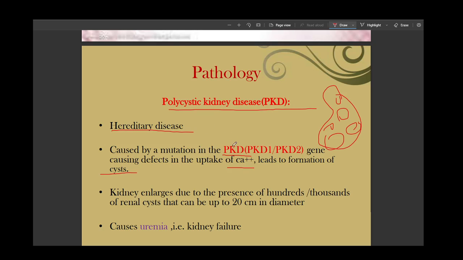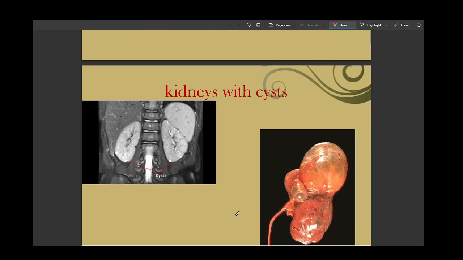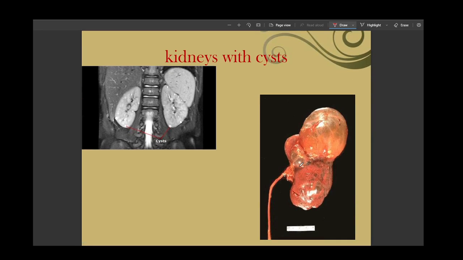The kidney enlarges due to the presence of hundreds or thousands of renal cysts that can be up to 20 centimeters in diameter, and it causes uremia, which is kidney failure. This is a cyst forming. This is a very big cyst, maybe a 20 centimeter cyst.